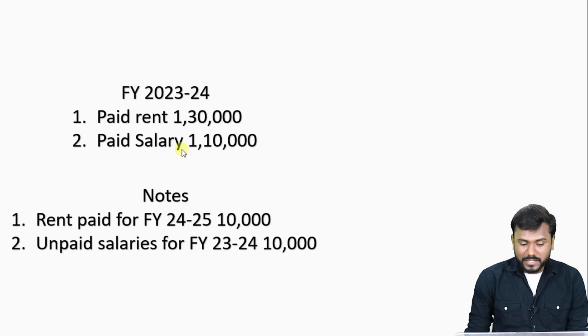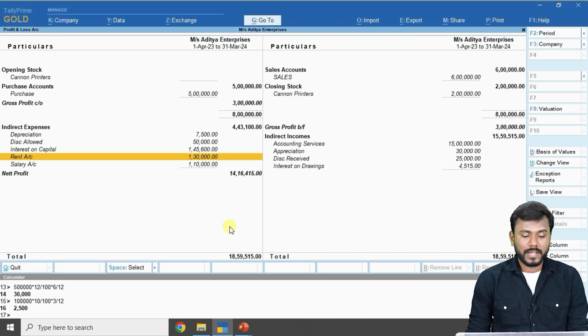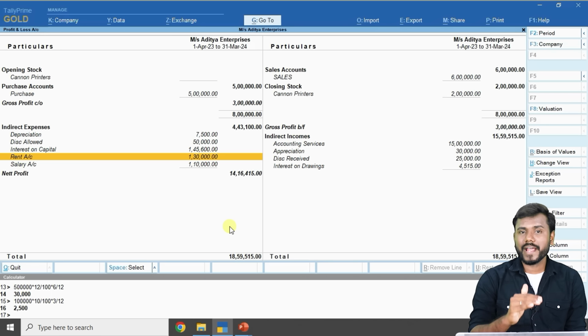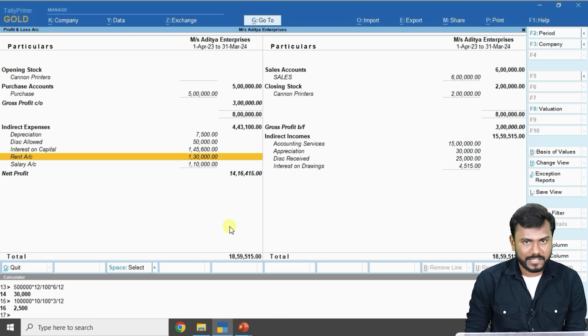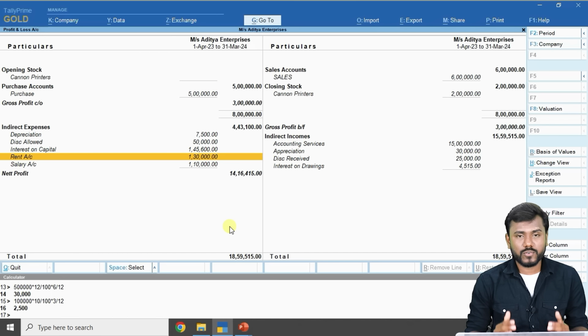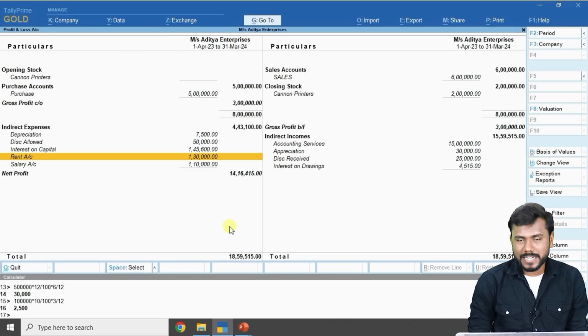Out of 1,30,000, rent paid for 24-25 was 10,000, which means current year rental expenditure is only 1,20,000, but as you paid 1,30,000, you booked 1,30,000. But later you got the knowledge that out of this 1,30,000, 10,000 is rent that belongs to the next financial year.